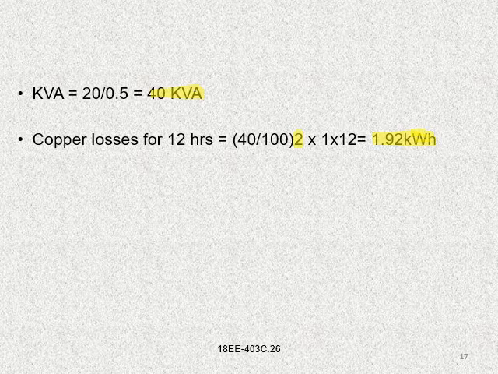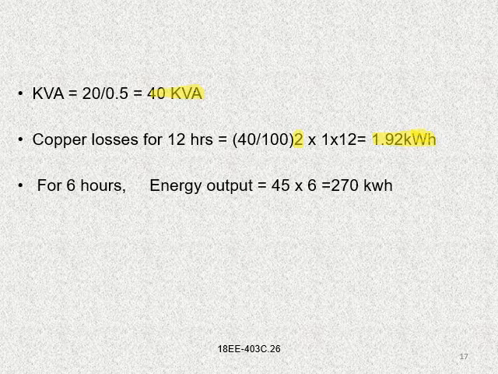Here, 1 is the copper loss for full load, and this is the copper loss at 12 hours. That should be (actual kVA by full load kVA) whole square into copper loss into time. And for 6 hours the energy output is 45 into 6, which is 270 kilowatt hours.